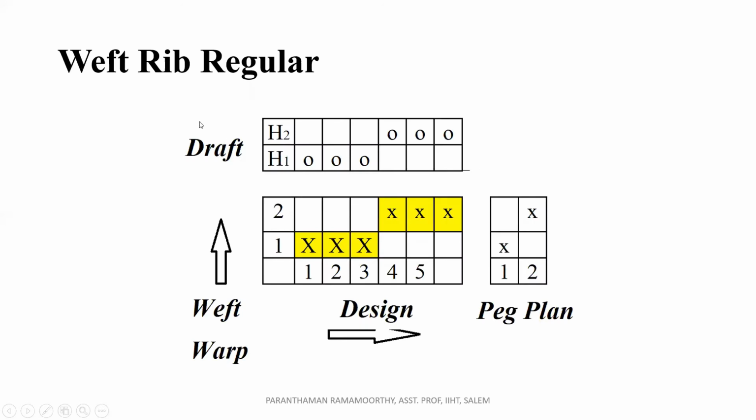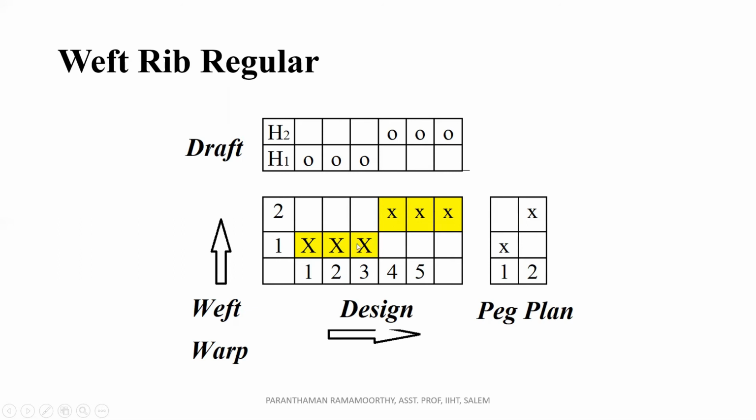So this is the basic weft rib regular order. The interval, the difference, is equally 3. 3/3, 3/3. Based on this, the drafting arrangement is made.